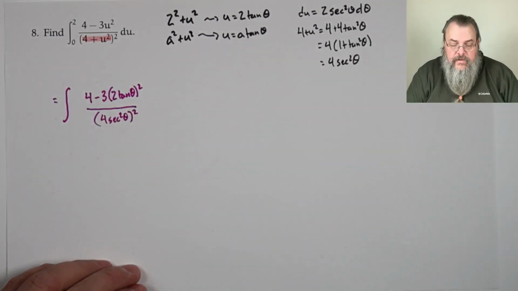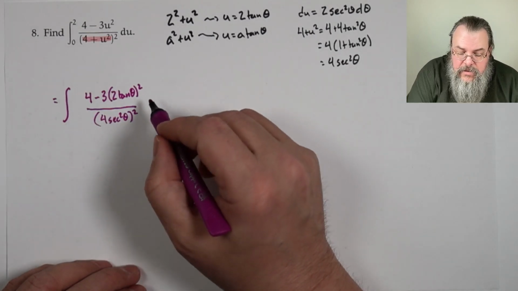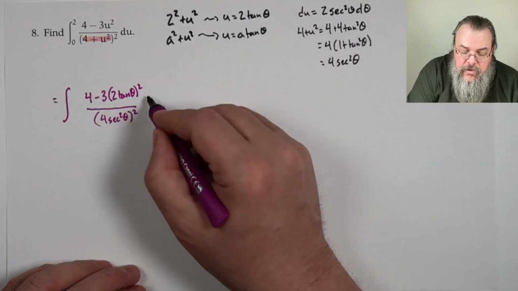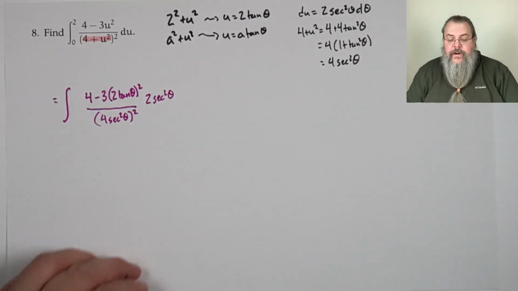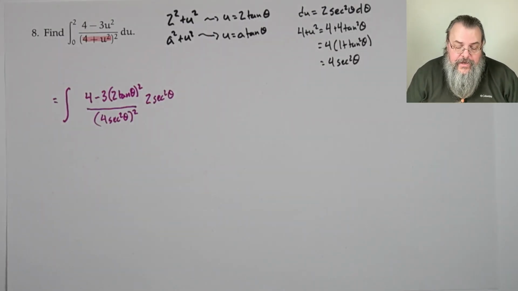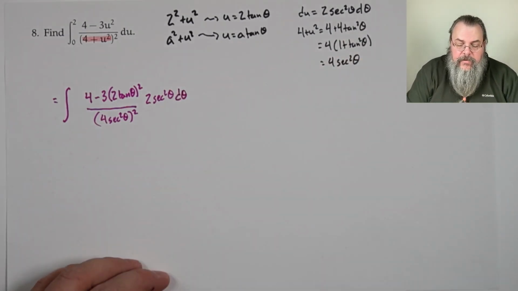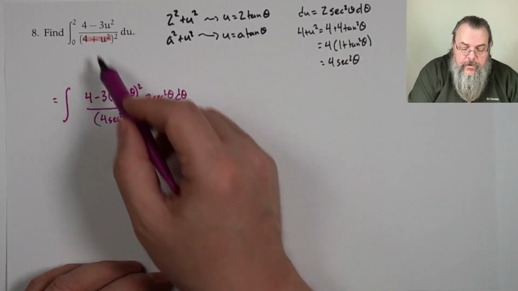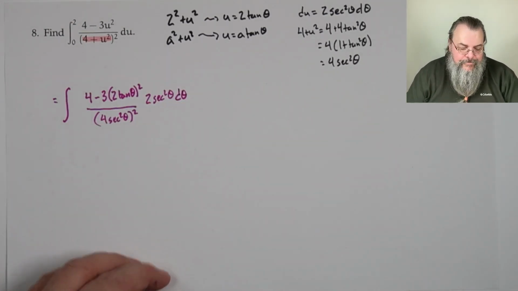Oh my goodness, that's a lot of secant squareds there. And then du is a 2 secant squared. Well, that'll help. All right, now those are the function parts, and I should have said I need to write the d theta. Okay, so we got the 4 minus 3u squared, 4 plus u squared squared, du.